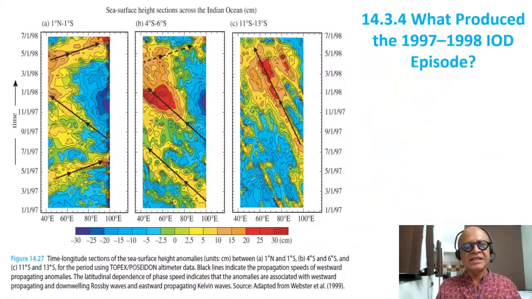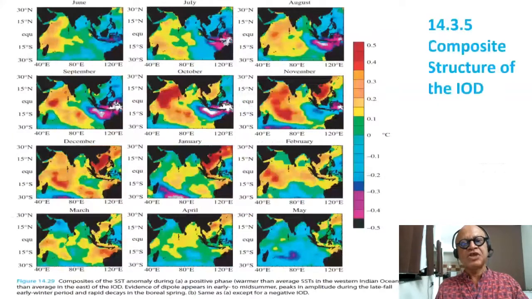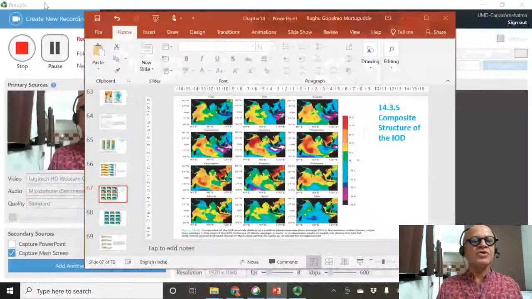But nonetheless, individual events like this have to be interpreted carefully, and this is just another depiction of how the waves can be tracked to argue for the initiation of the 97 IOD event.